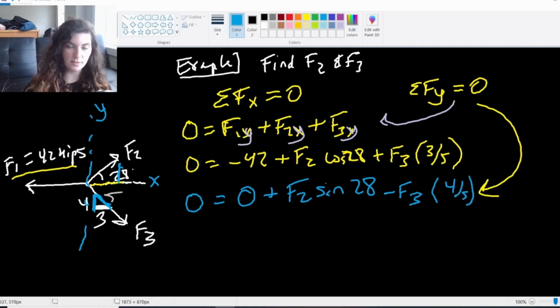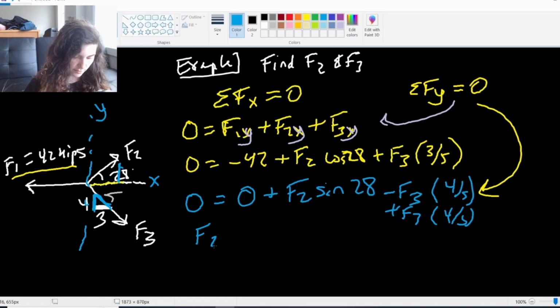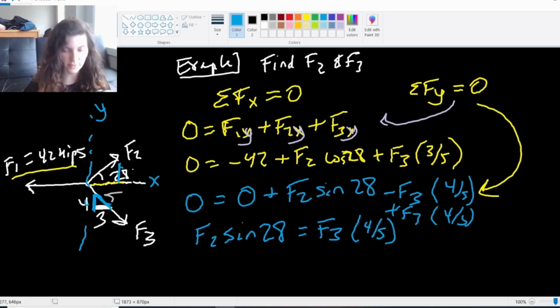And the really great thing about this one is that I can start moving things over. So if I add f3 times 4/5 to each side, I get that f2 sine 28 equals f3 times 4/5. And from there, I can do the arithmetic, right? That's all it is. Divide by sine 28, and I get this relationship, that f2 is 1.7 times f3.